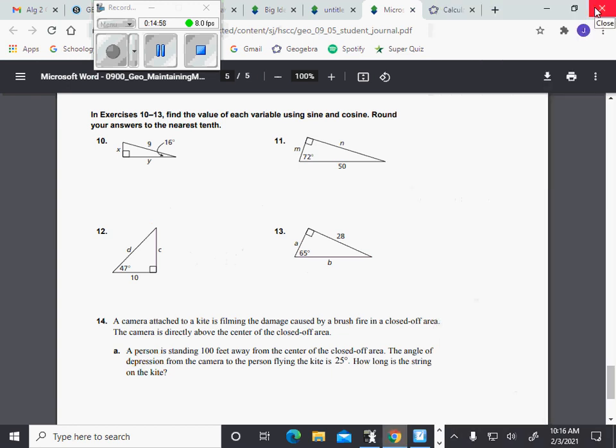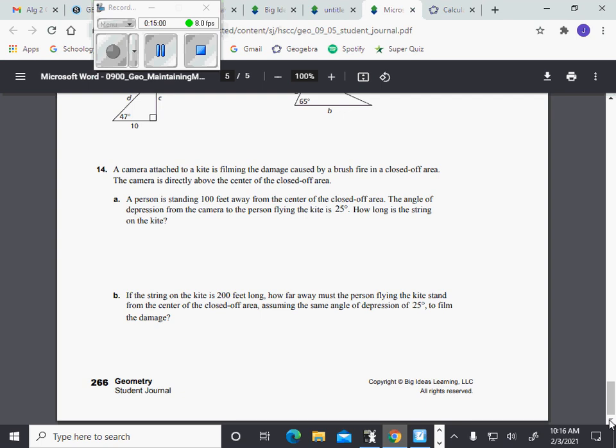Down here, 14. A camera attached to a kite is filming the damage caused by a brush fire in a closed-off area. The camera is directly above the center of the closed-off area. So we have our closed-off area. Here's the camera up above it. The person is standing 100 feet away from the center of the closed-off area.